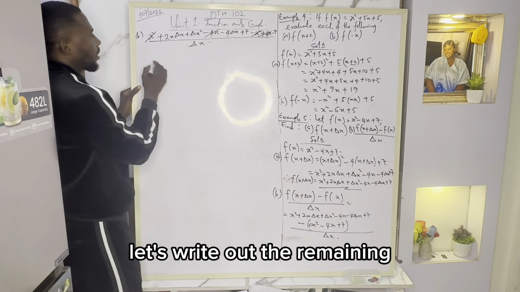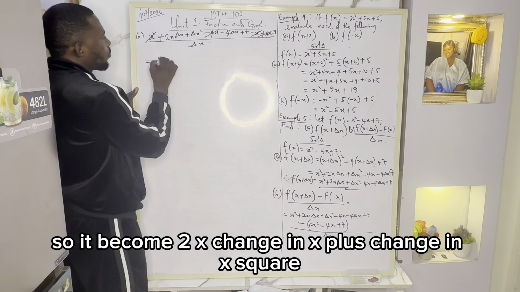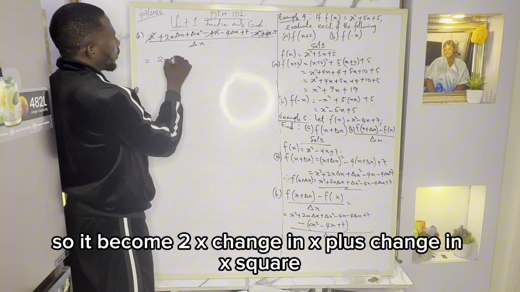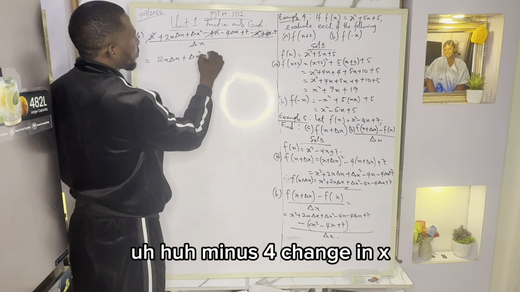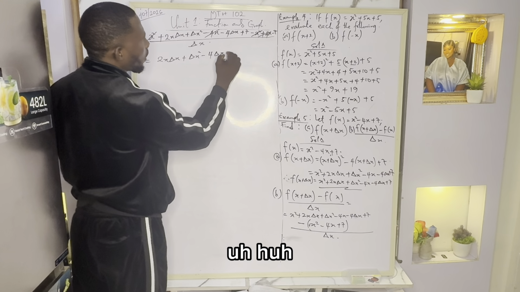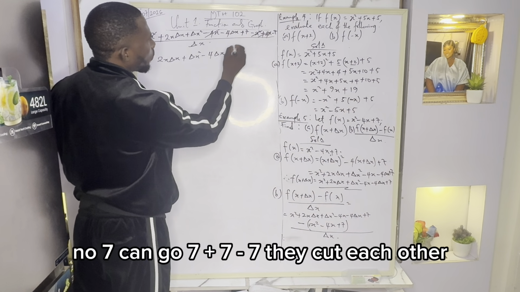Yes, that is all. Let's write out the remaining. So it becomes 2x change in x plus change in x squared minus 4 change in x. The 7 and minus 7 cancel each other.